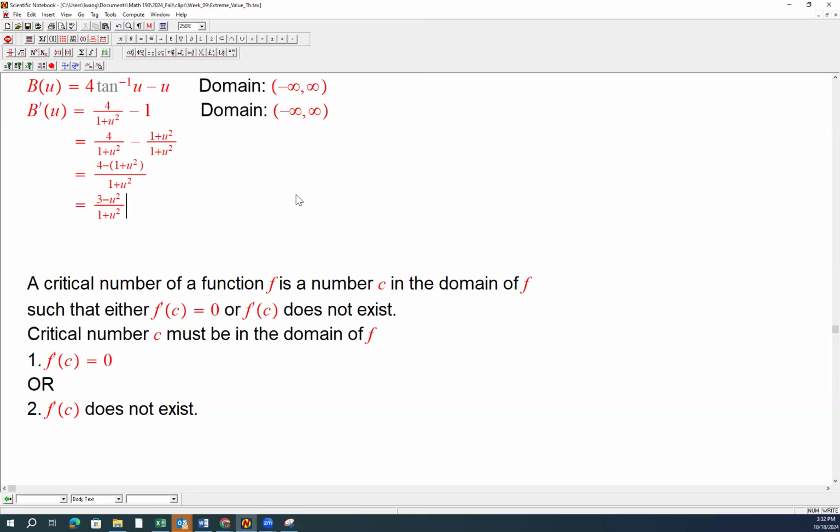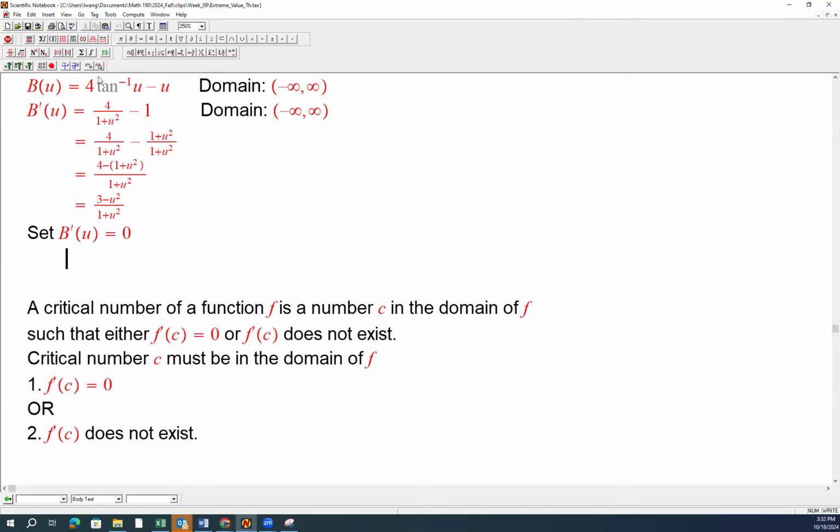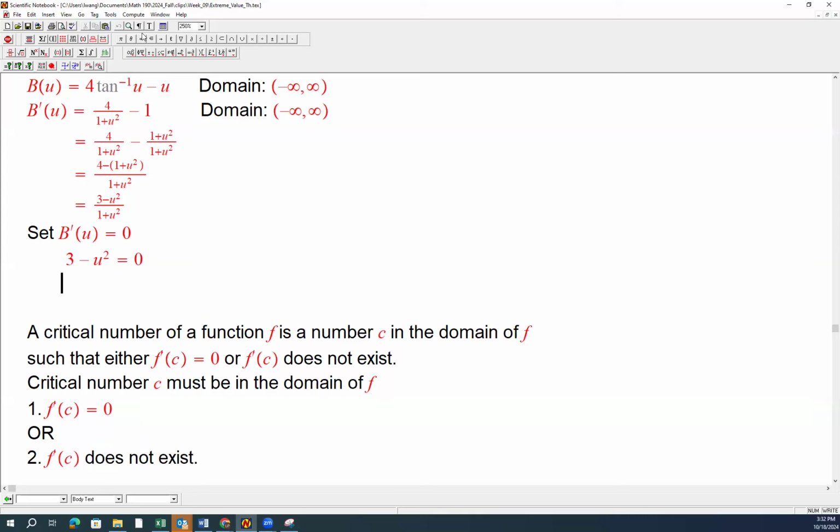So next, the domain is all real numbers, so we don't have this category. We only have this category. We're going to set the derivative equal to 0. The denominator will never be 0, of course. So 3 minus u squared equals 0, and the rest is just algebra. So u squared equals 3.